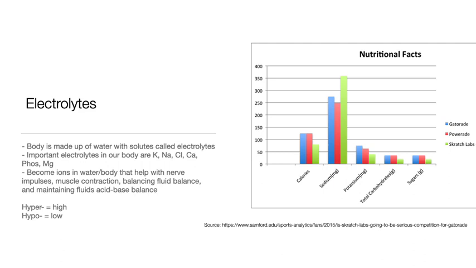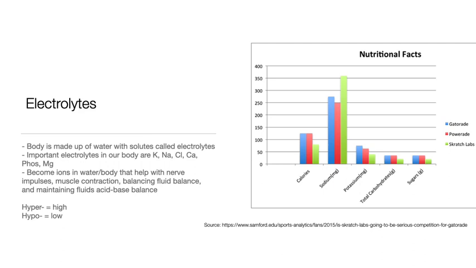The abbreviation hyper is going to refer to anything above the normal range of the electrolyte. Hypo is going to refer to anything below that normal range limit of each one.